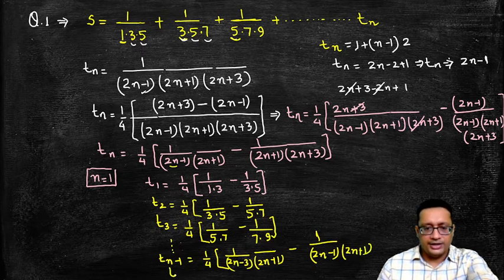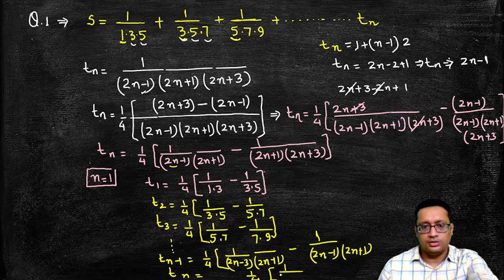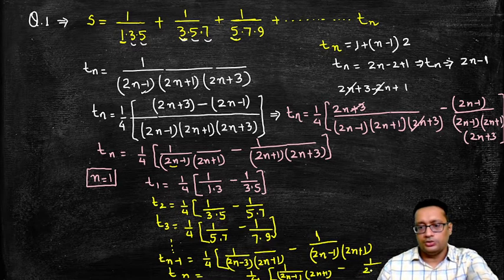And the last term I am writing Tn, again the same thing: 1 by 4, 1 upon (2n minus 1)(2n plus 1), minus 1 upon (2n plus 1)(2n plus 3).